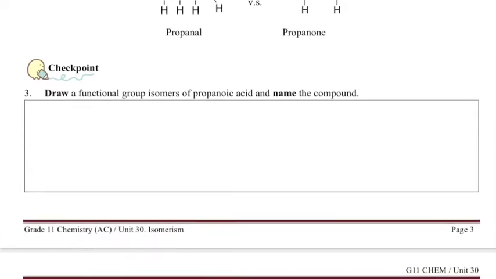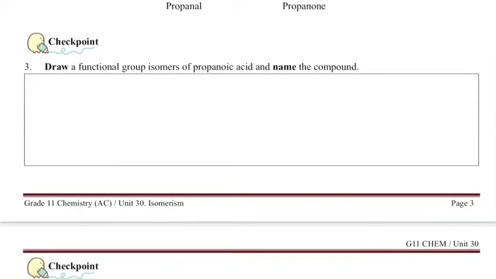Okay, let's take a look at this example, checkpoint question. Draw a functional group isomer of propanoic acid and name the compound. For propanoic acid, the molecular formula should be C2H5 and COOH.